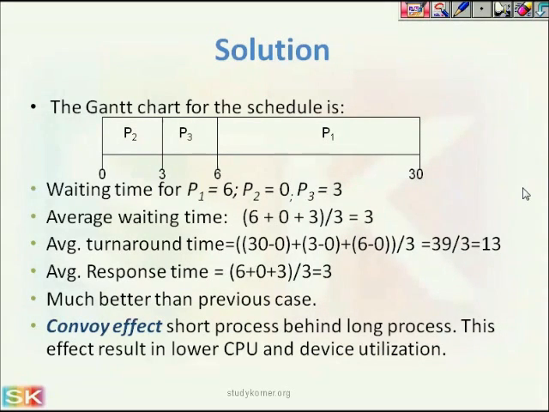Many times in some exams they ask what is the convoy effect, directly or indirectly. So we should have some idea about the convoy effect, what it says, right? So if shorter processes wait behind long processes, this leads to low CPU utilization, and that is called the convoy effect.